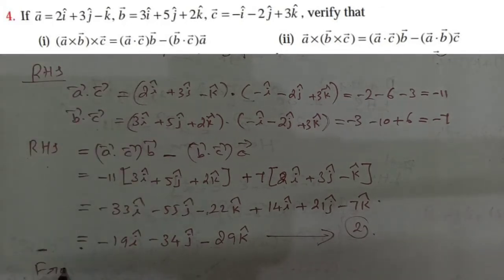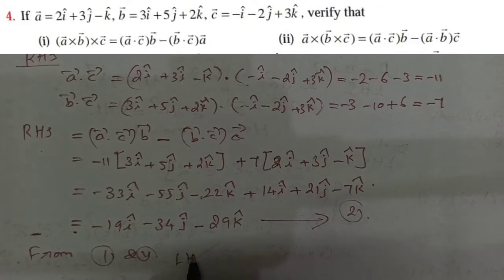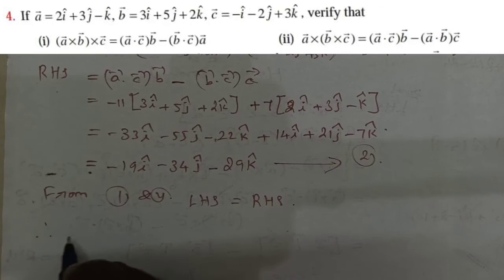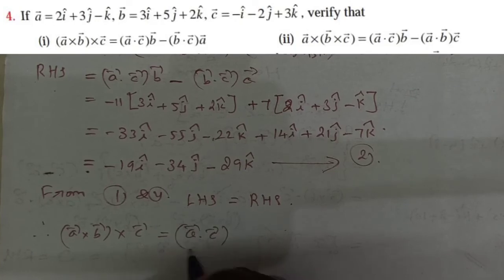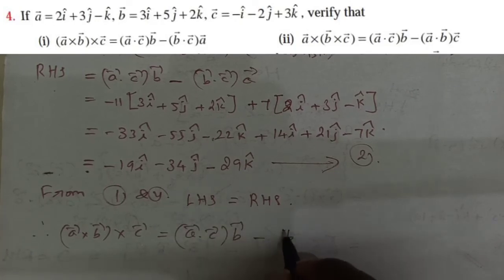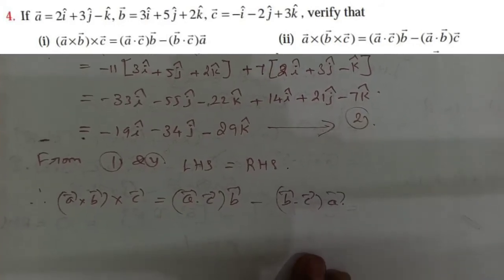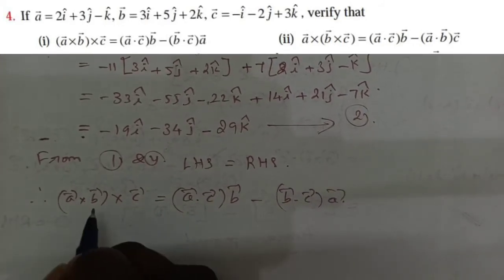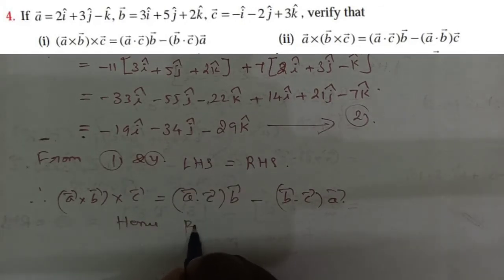So from equations 1 and 2, we can say that LHS equals RHS. Therefore A vector cross B vector cross C vector is equal to A vector dot C vector into B vector minus B vector dot C vector into A vector. This is the expansion of the vector triple product. This vector triple product is verified. So hence verified or proved.